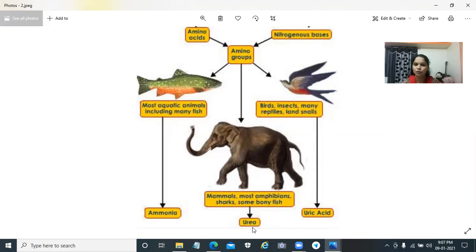So their mode of excretion is ureotelic. Their mode of excretion is ammonotelic in fishes, while in birds, insects, reptiles, snails and snakes, all are uricotelic, or they excrete uric acid as the main excretory product.